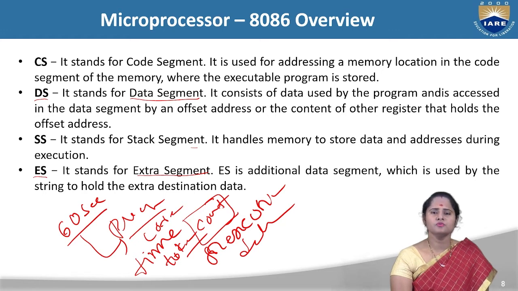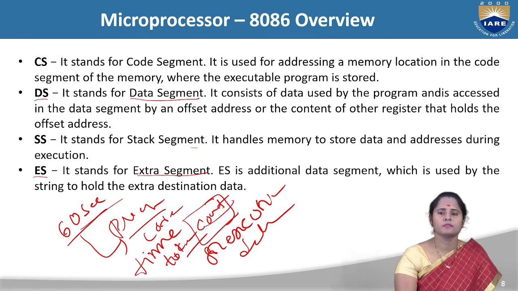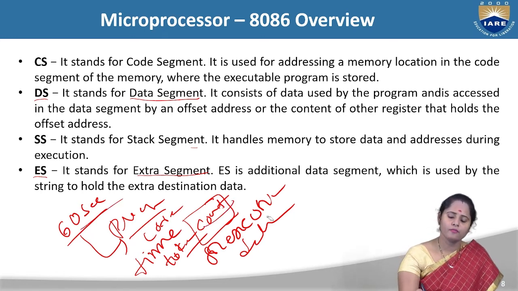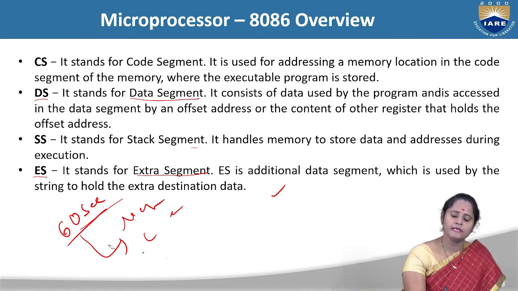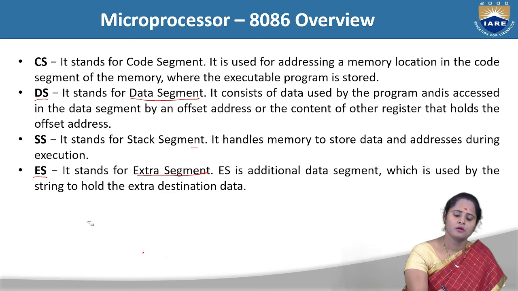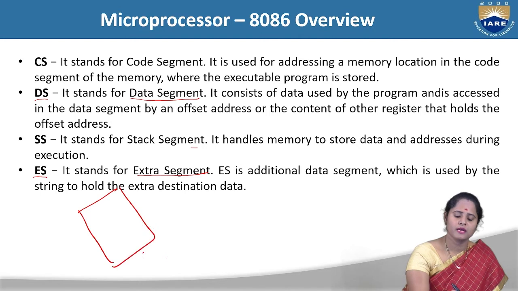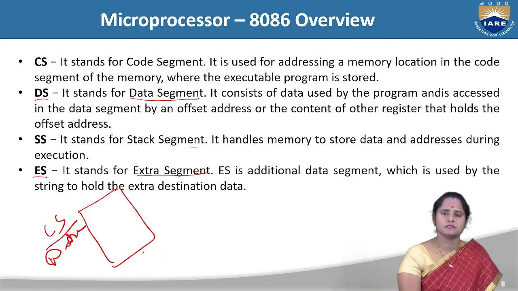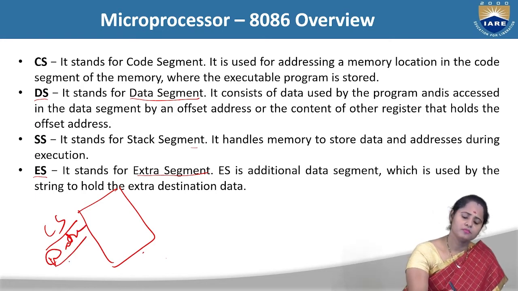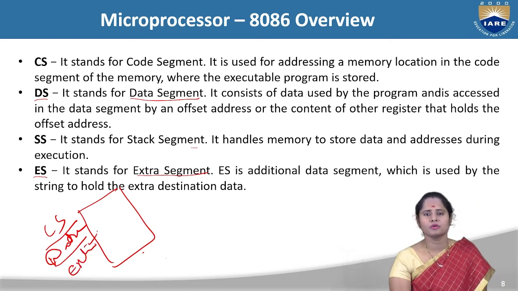So my microprocessor's output will be delayed by this execution. Instead of that, according to the application, whatever you want, it may be the code you are writing, or the data which I need to access, or the extra data which I need to access for my future purpose, I can store it.